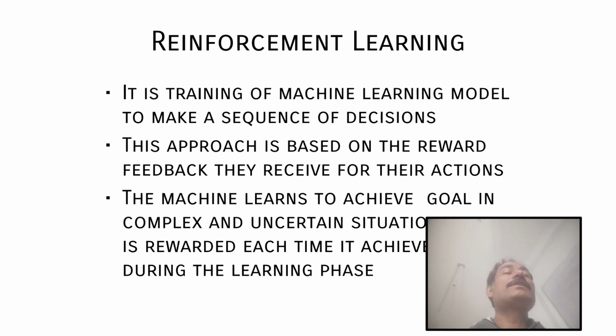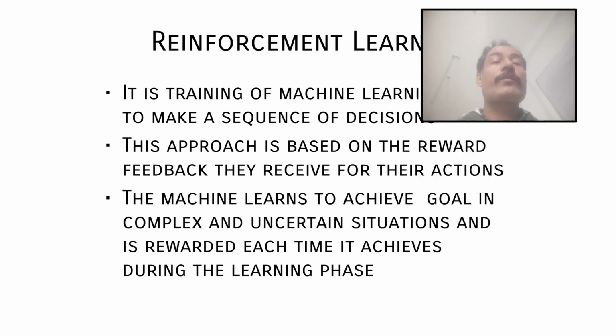So it is completely based on feedback and the reward received from their actions. The machine learns to achieve a goal in complex and uncertain situations and is rewarded each time it achieves it during the learning phase.